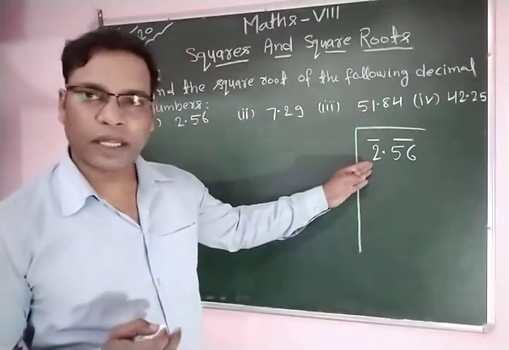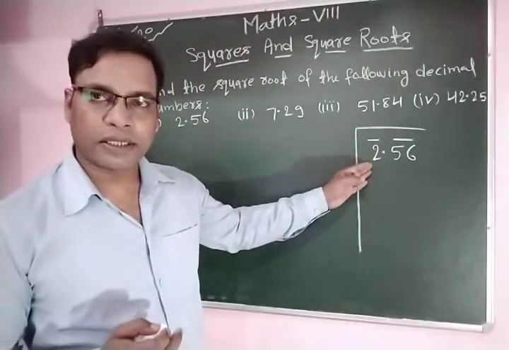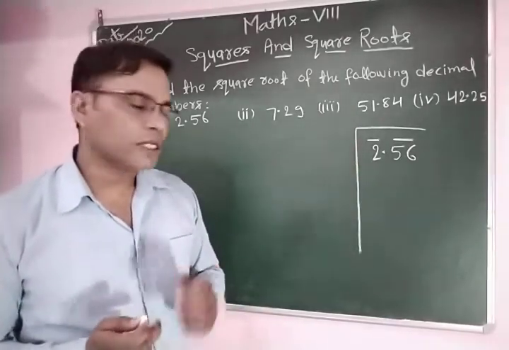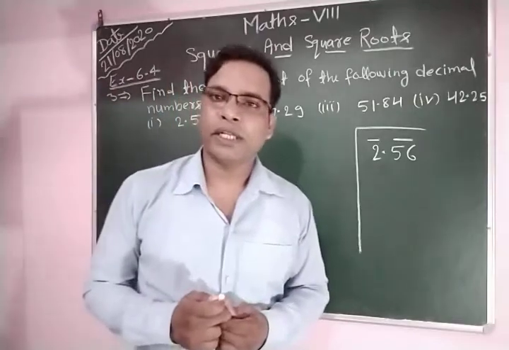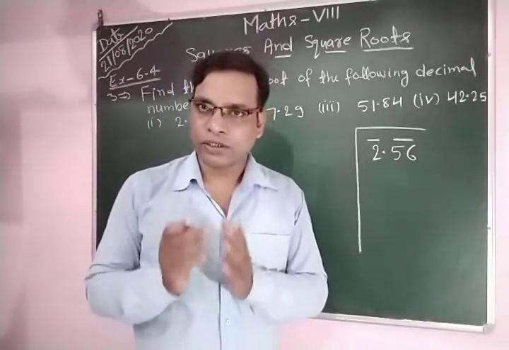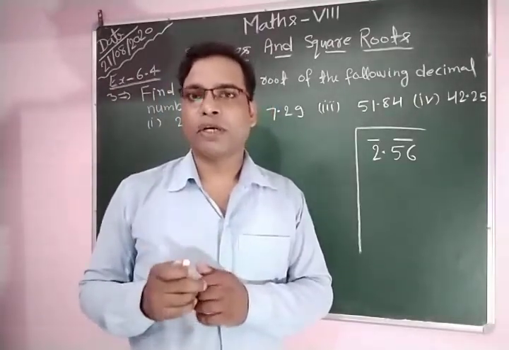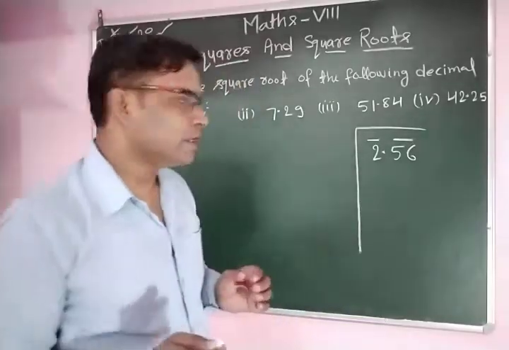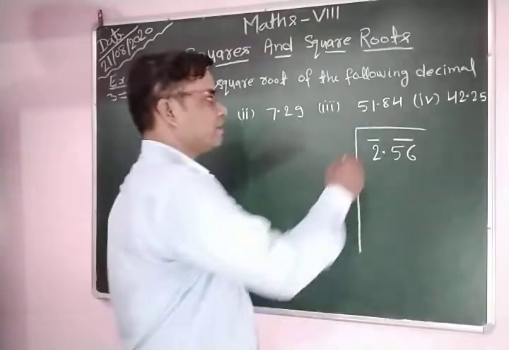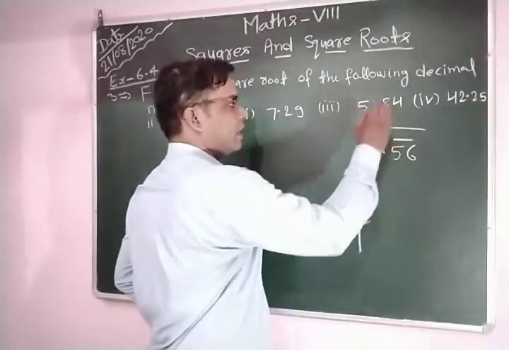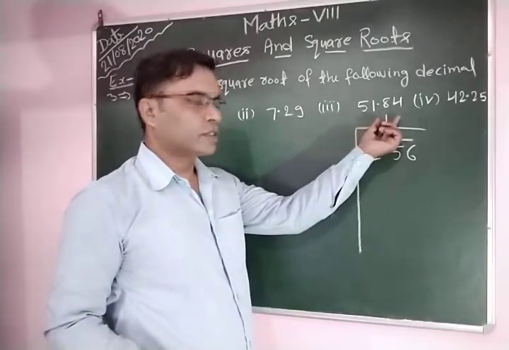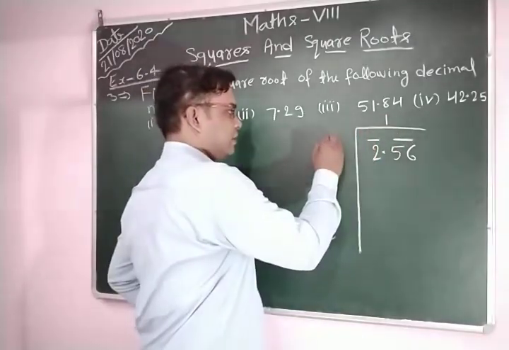I hope all of you know how to select the number. If you take 1, the square of 1 is less than or equal to 2. If you take 2, the square of 2 is greater than 2. So we select the number 1. After this we write 1 in the quotient and as a divisor.